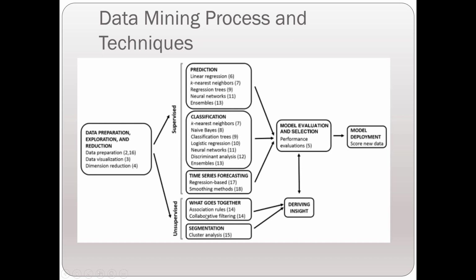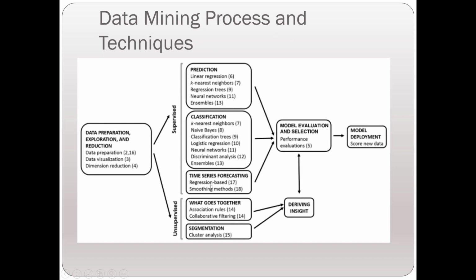That's the marketing association rules. And cluster analysis is a kind of segmentation, segmenting customers into different groups. Those are unsupervised because there is no particular target that you're trying to predict. The main idea in unsupervised cases is just to derive insight into what is so special about different groups.